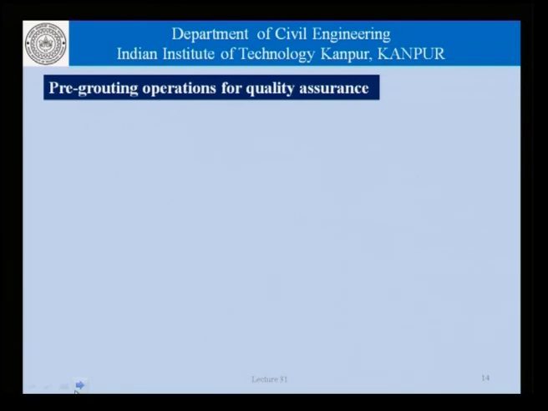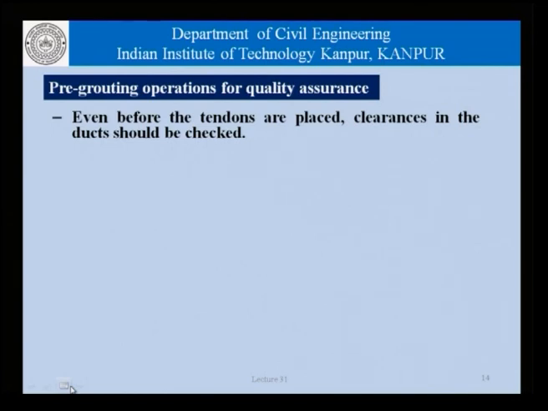As far as pre-grouting operations for quality assurance of the whole program are concerned, even before the tendons are placed, if we have a concrete beam and we have this duct where we want to place the pre-stressing tendons later on, at the time of casting the concrete, vibrating it and all that kind of process, these ducts may get deformed, and if these ducts deform during the concreting process, it will become difficult for the tendons to be placed.